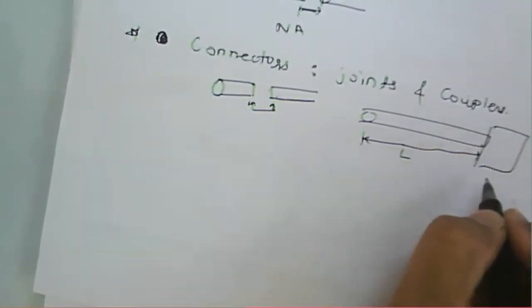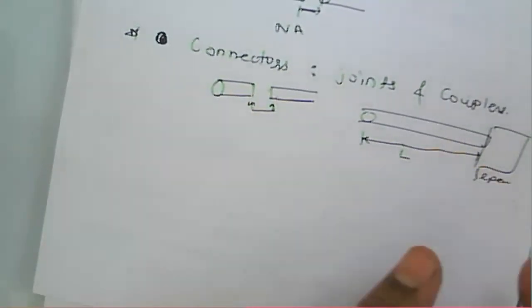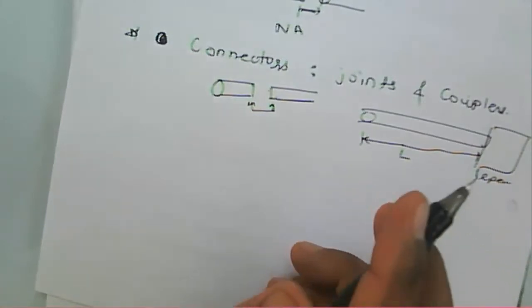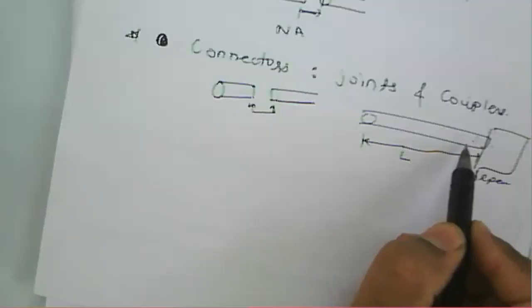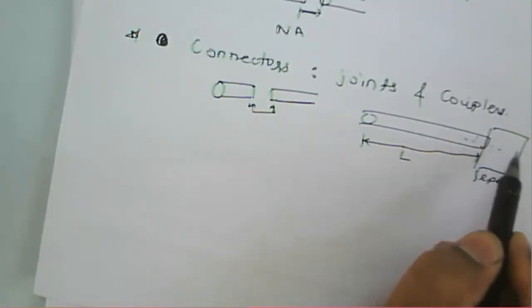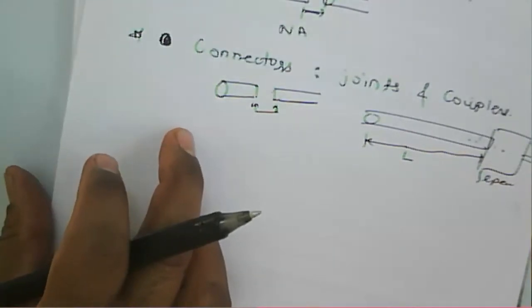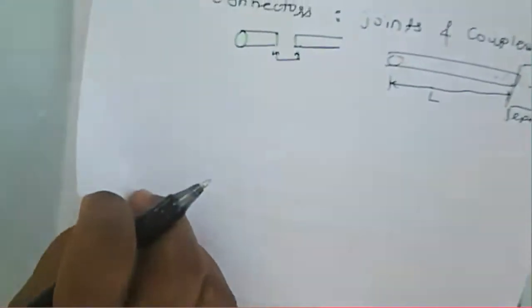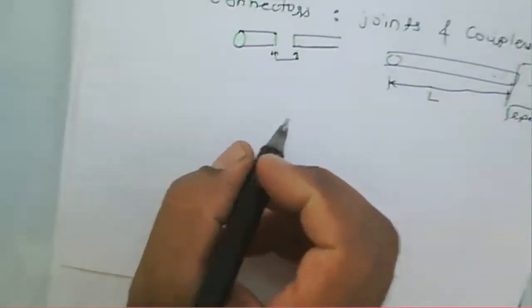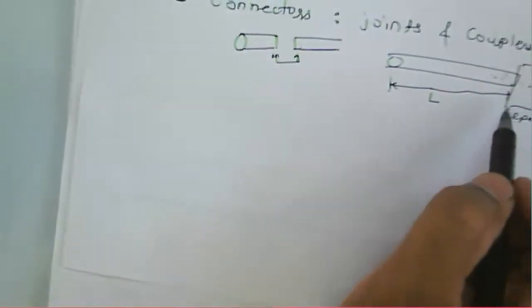In that case, we use a repeater. After a particular length of the fiber, we need to use a repeater, and then we need a connector to couple the power from the fiber to the repeater, and from the repeater to the fiber likewise. So we should know at what particular length of the fiber no distortion occurs, so that we can use the repeater.